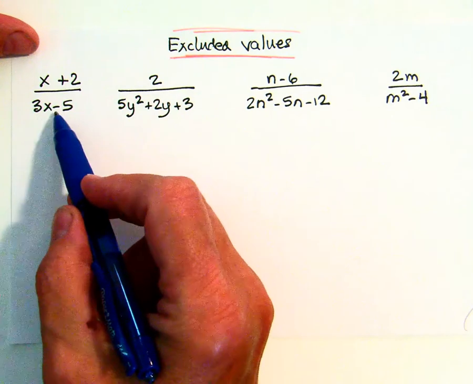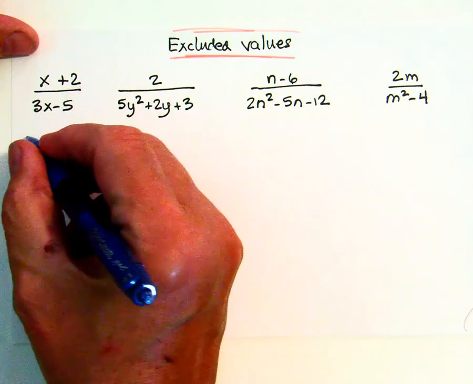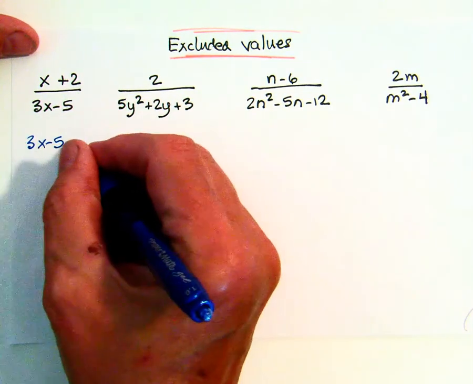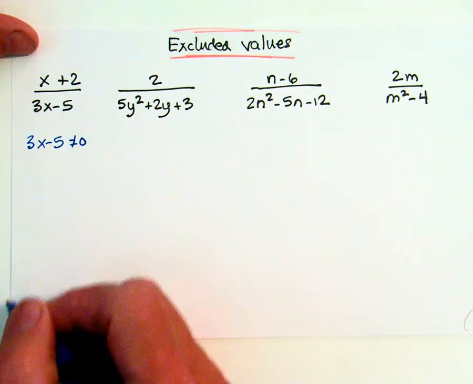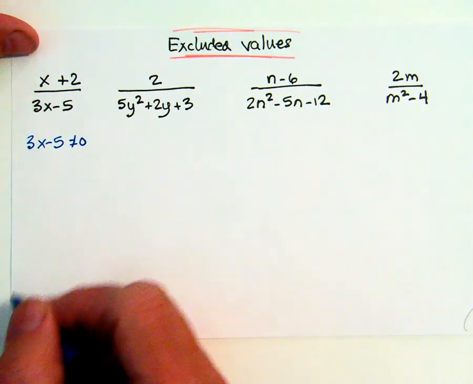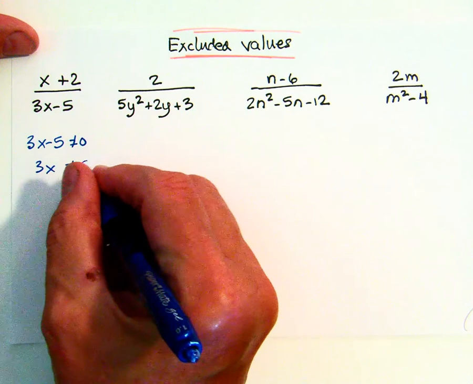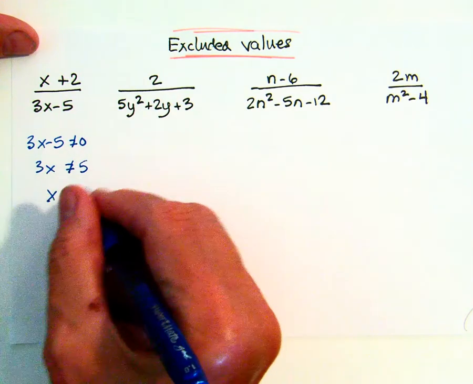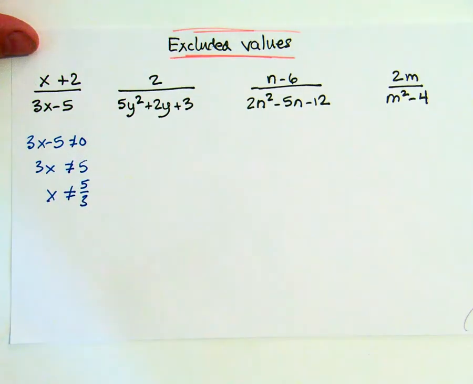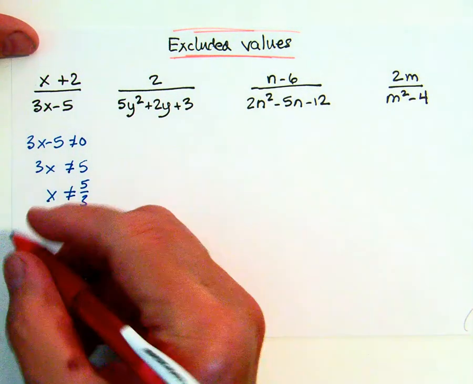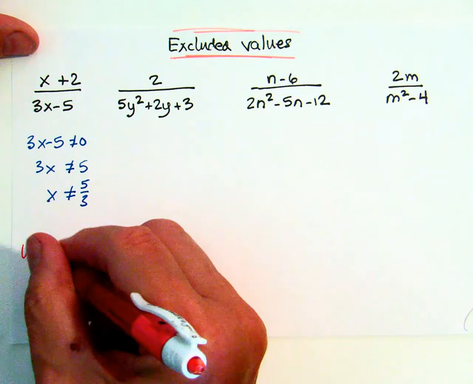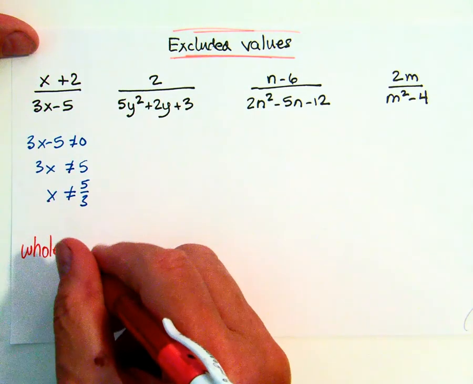The whole denominator cannot be 0. 3x minus 5 cannot be 0. Okay, that means 3x cannot be 5, and that x cannot be 5 over 3. That is the excluded value. It is the whole denominator that can't be 0. The whole denominator, not the variable.